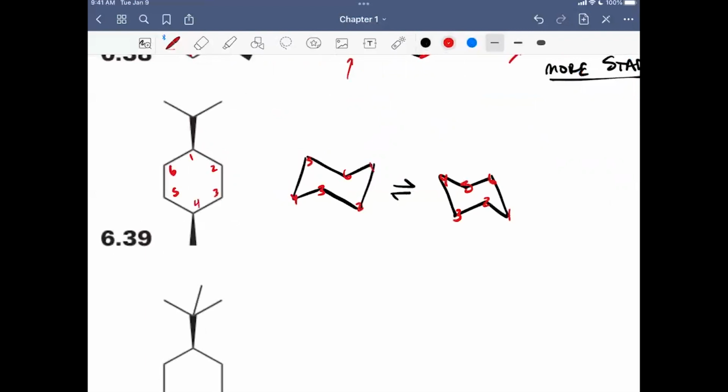We don't have methyl groups. It looks like we have an isopropyl group on top. So that's isopropyl, and we have a methyl. So carbon 1 is the isopropyl, and that's pointing up. That's a wedge. I'll label that IP. And then on carbon 4, we have a methyl group that's pointing up.